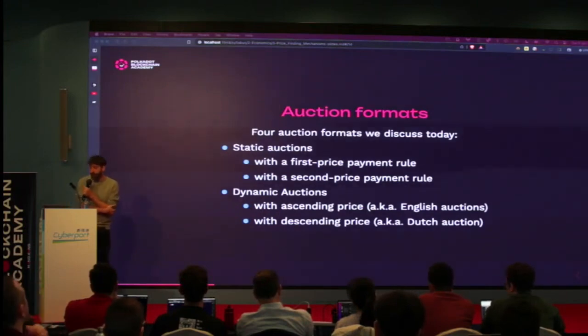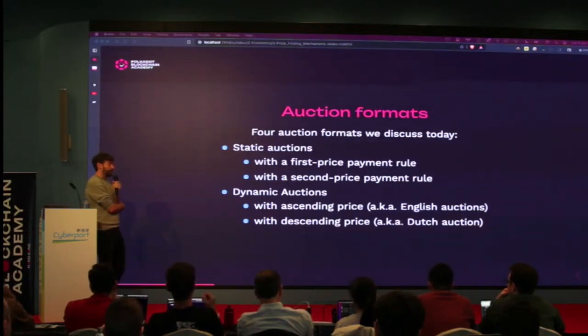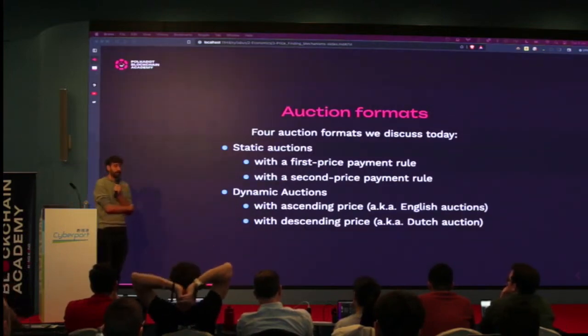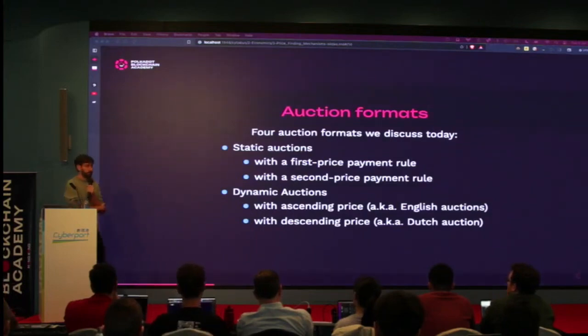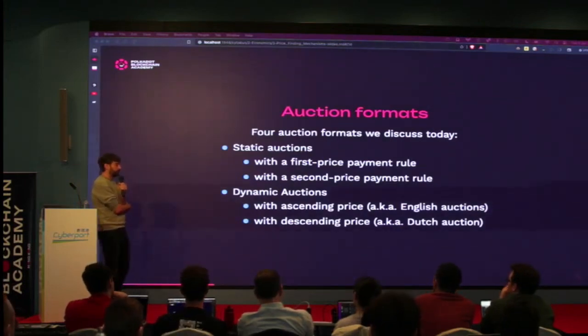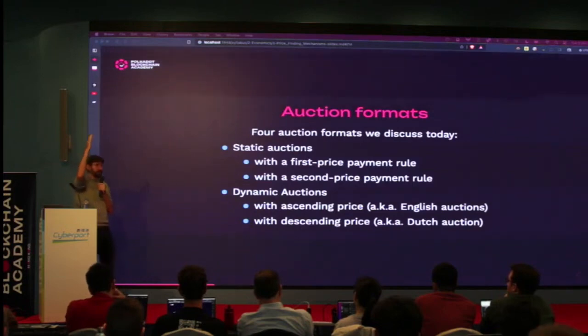The Dutch auction format became very popular in the Netherlands. I think up until today, they still sell a lot of tulips on the tulip market with that, where basically the price decreases. So the price starts very high and then decreases, and you can say when you are willing to buy it.